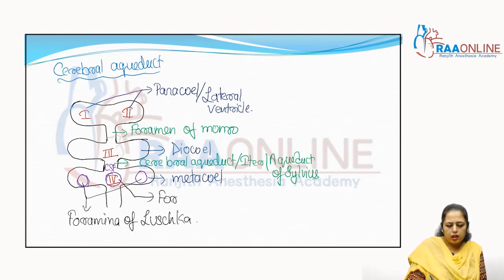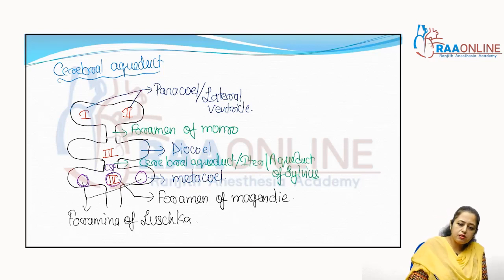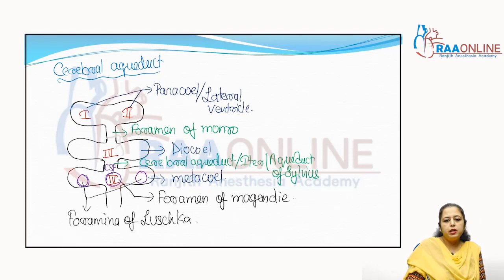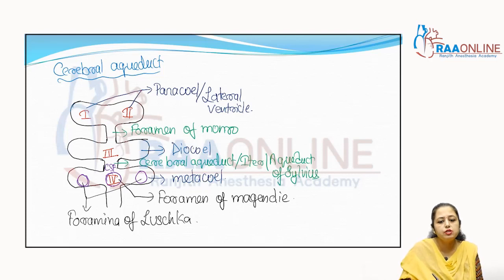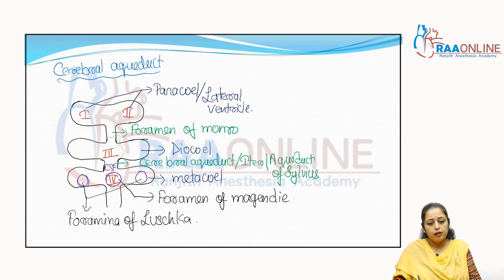And this is called the foramen of Magendie, right? Because the foramina of Luschka are paired, the word foramina is used, and because the foramen of Magendie is unpaired, the word foramen is used here, right?